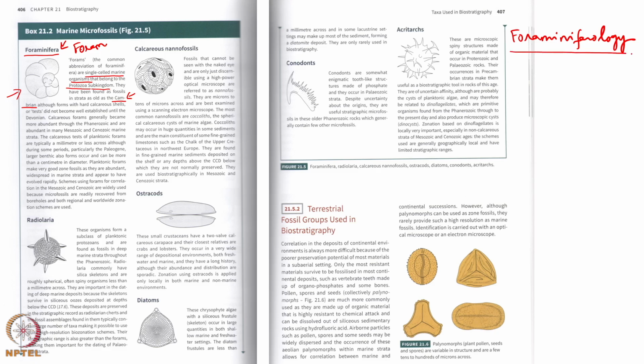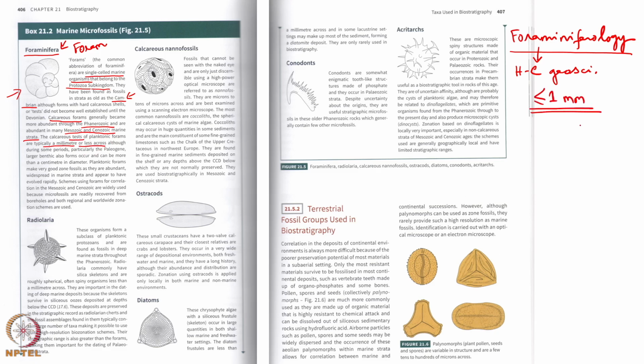Foraminiferology is fundamental in the hydrocarbon industry or in hydrocarbon geoscience. The calcareous forams usually became more abundant through the Phanerozoic and in many Mesozoic and Cenozoic marine strata. What is the size of the calcareous tests of the planktonic foram? They are typically a millimeter or less, so, less than or equal to 1 millimeter.